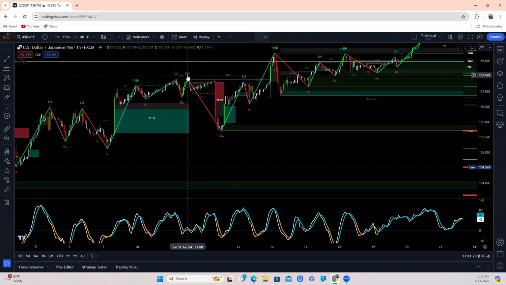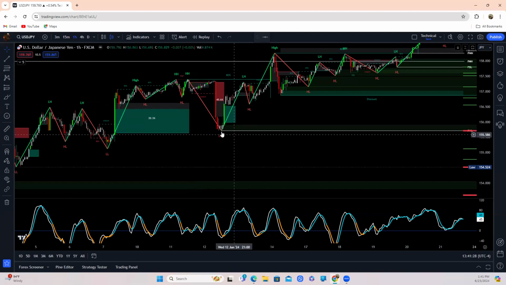Especially if the daily time frame is bearish, right? Because we want to see those liquidity grabs. Because what that tells us is when price grabs liquidity like that, when price creates this lower low right here and grabs that liquidity, that's an indication that price is going to probably move big time in your favor in the direction of the higher time frame bias, right?